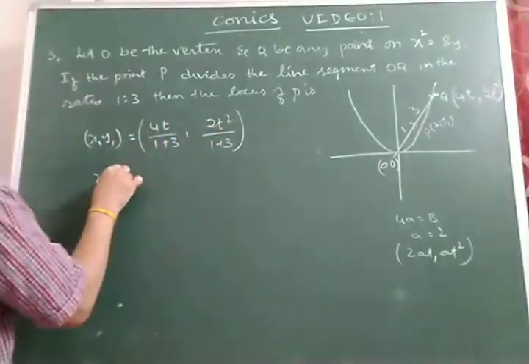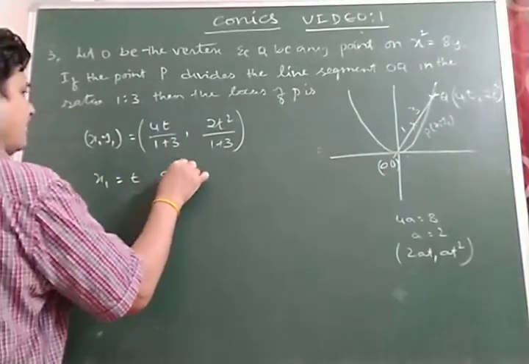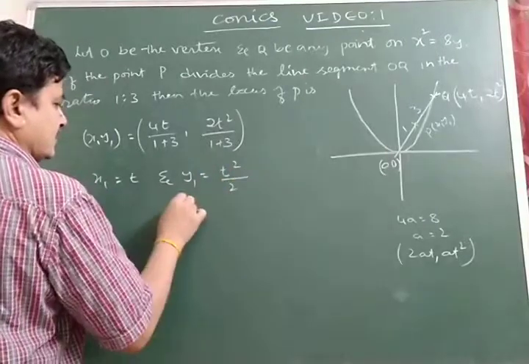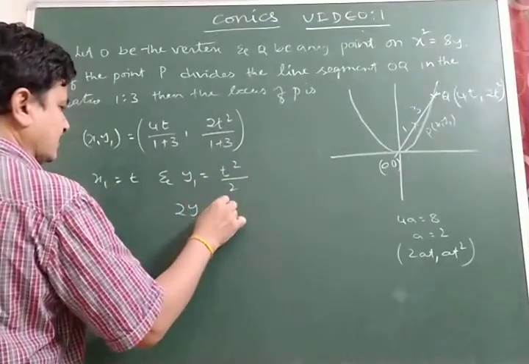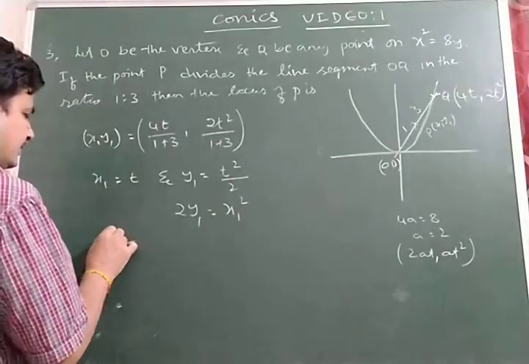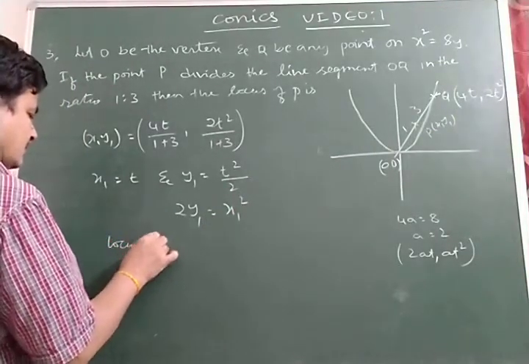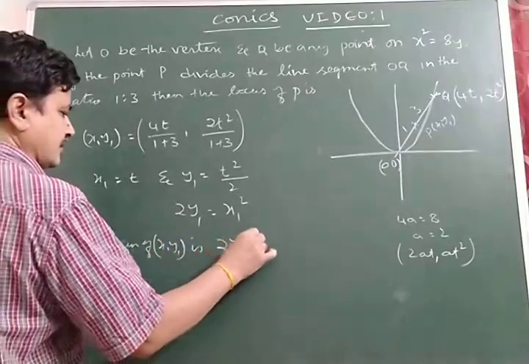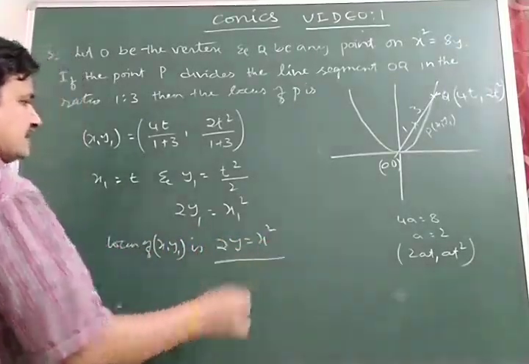Now x1 = t and y1 = t²/2. So 2y1 = x1². The locus of (x1, y1) is 2y = x², which represents a parabola.